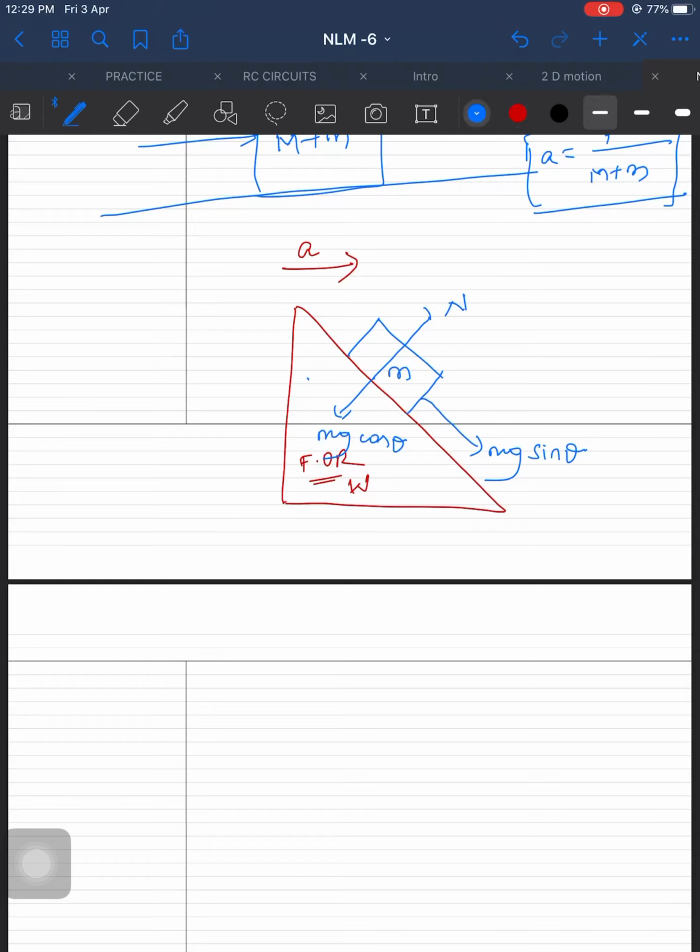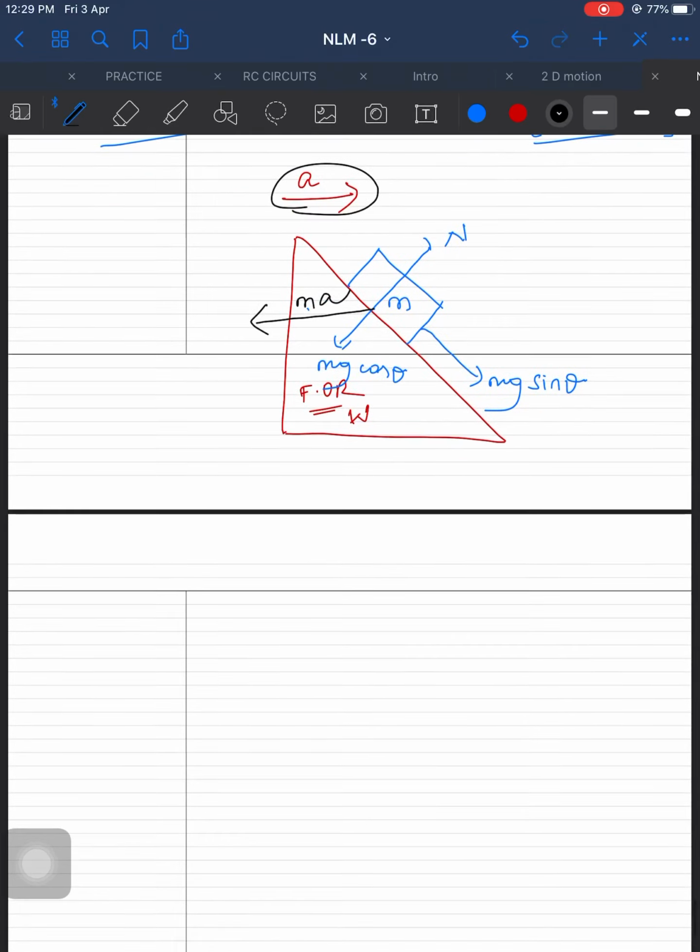There will be a pseudo force, because we are considering which frame of reference? The wedge as the frame of reference. In which direction will the pseudo force act? Exactly the opposite direction. The acceleration is in this direction, so the pseudo force will be in the backward direction. And what is its value? Mass multiplied by the acceleration.